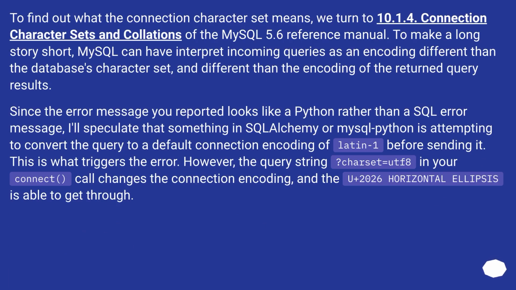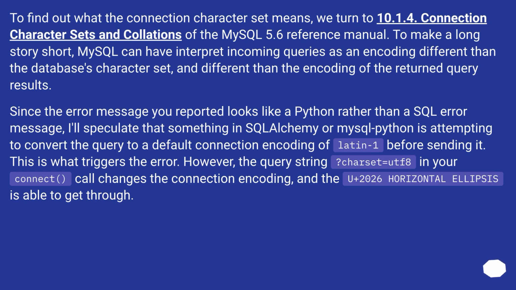To find out what the connection character set means, we turn to section 10.1.4, Connection Character Sets and Collations, of the MySQL 5.6 reference manual. To make a long story short, MySQL can interpret incoming queries as an encoding different than the database's character set, and different than the encoding of the returned query results.